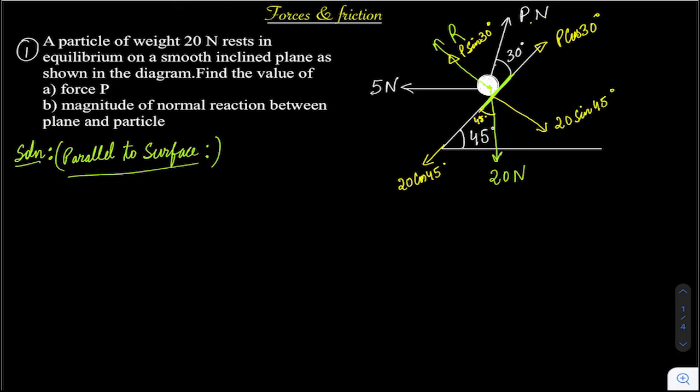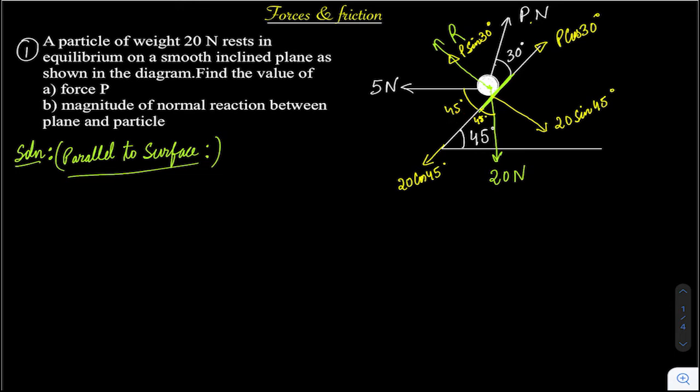Now we will resolve our forces in the directions that we need. And what about the 5? Okay, so this angle is 45. So obviously this angle is also 45, right? Because this is horizontal, mg is always vertical, so the total angle is 90. This is 45, and automatically this angle will also be 45.